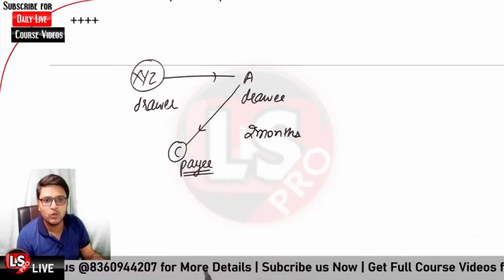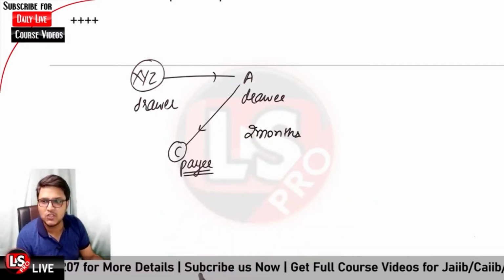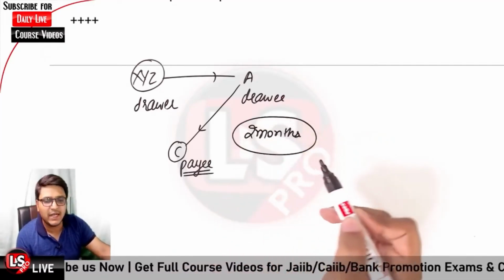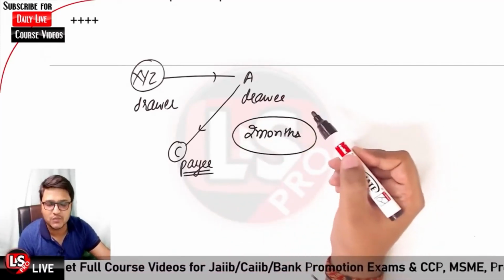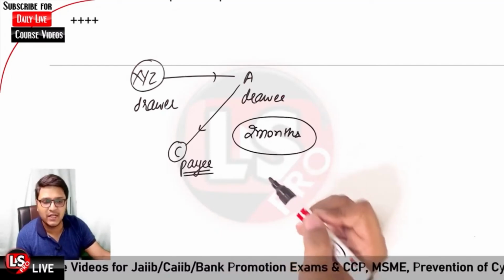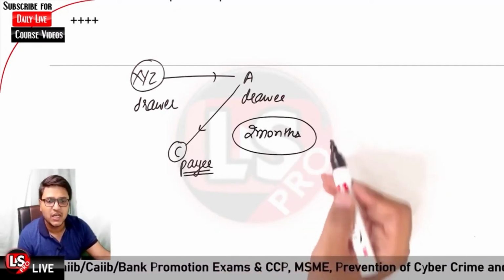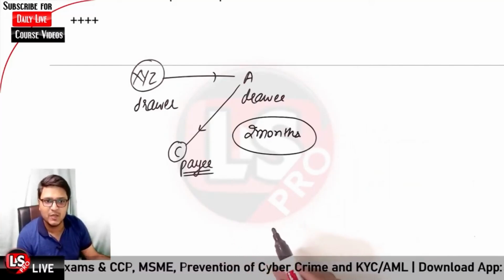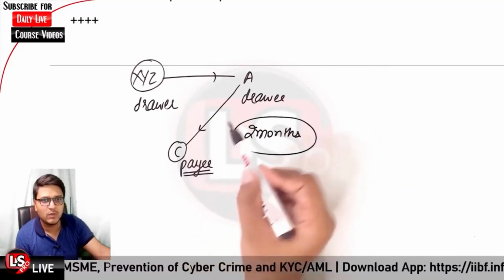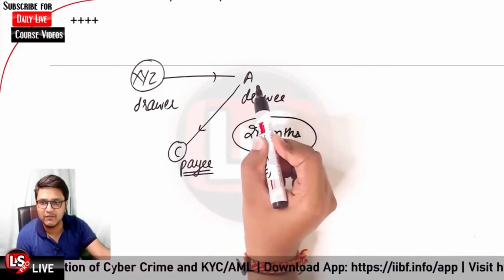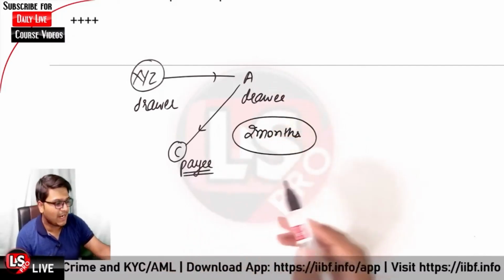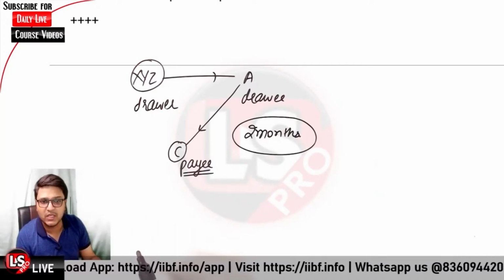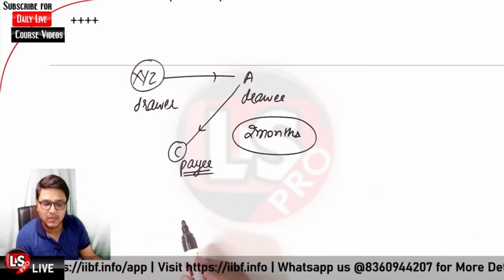Now how is the due date calculated in case of bill of exchange? When a particular period or exact date is not mentioned on the bill of exchange, it is said to be a demand bill of exchange. Whenever the bill is presented to person A, he will have the liability to pay the amount. And it may also be the case that a particular date is mentioned.